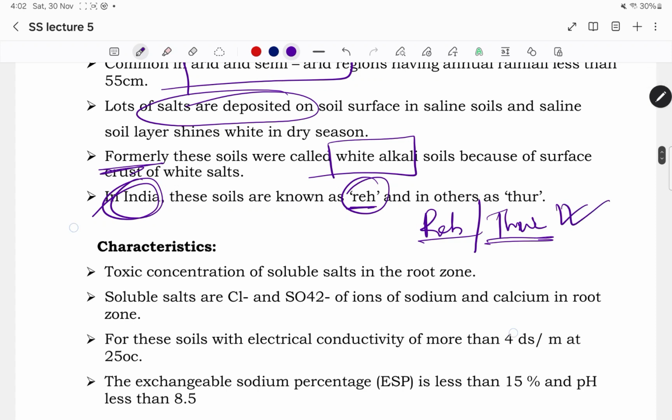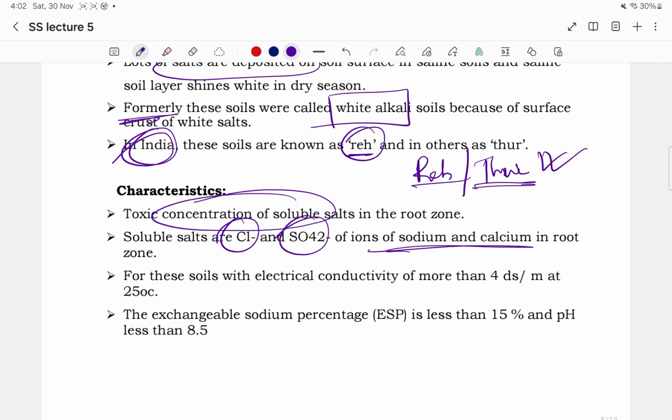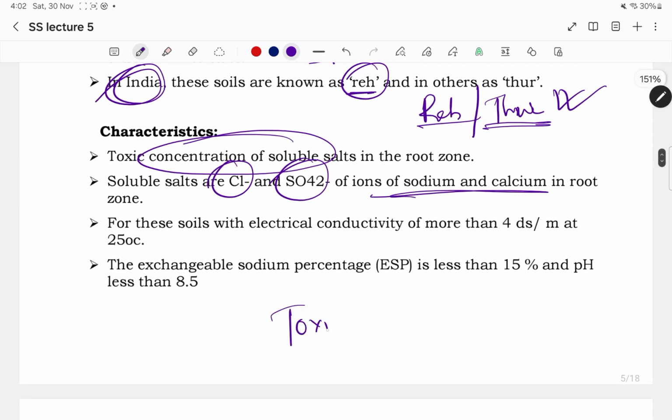You remember this. And the characteristics, some of the features: there is an excess concentration of soluble salts. Soluble salt means the chloride and the sulfates of sodium, calcium, magnesium, potassium. These are the excess amount of soluble salt. Because of the excess salt, it becomes toxic, and this hinders the absorption of other nutrients as well.